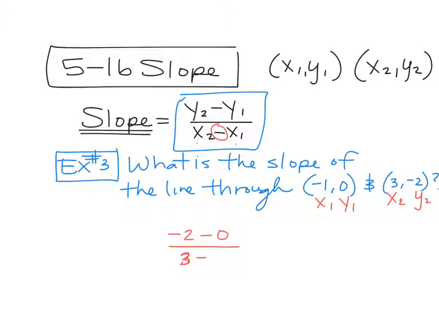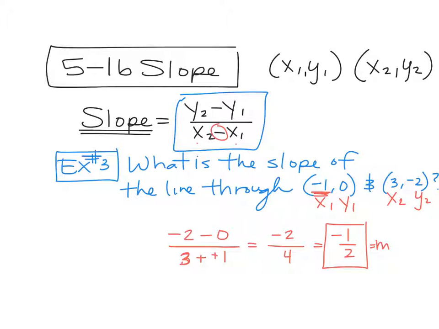So if it's 3 minus, and then this one is a negative number, make sure you keep the negative with it. 3 minus a -1. When you simplify that, what's -2 minus 0? -2, okay. 3 minus a -1 is going to become plus a +1. So that would be 4. And then you just always reduce it as low as you can go. So if it's -2 over 4, it's actually what? -1/2. Okay, so that would be the slope, which we often represent with the letter M, right? Was our slope of -1/2.